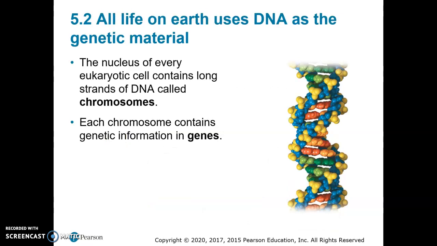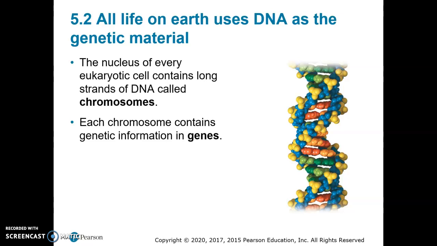So some of this might be review from high school, from your last biology class. I think you might remember the term chromosome. A long strand of DNA is called a chromosome. A gene is a small bit of information that is on the chromosomes. So genes are like the recipes.